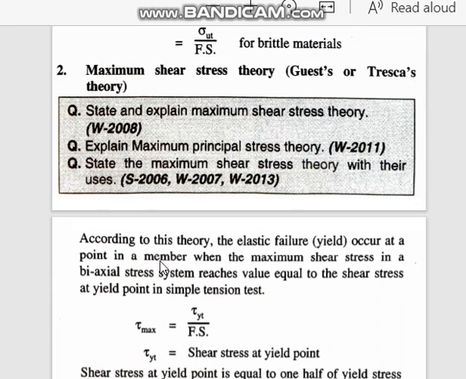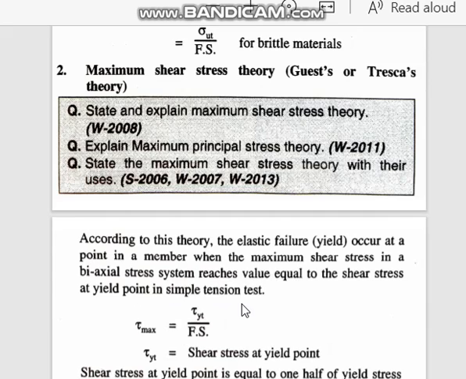This theory states that the elastic or yield failure occurs at a point when the maximum shear stress in the biaxial stress system reaches a value equal to the shear stress at yield point in simple tension test.